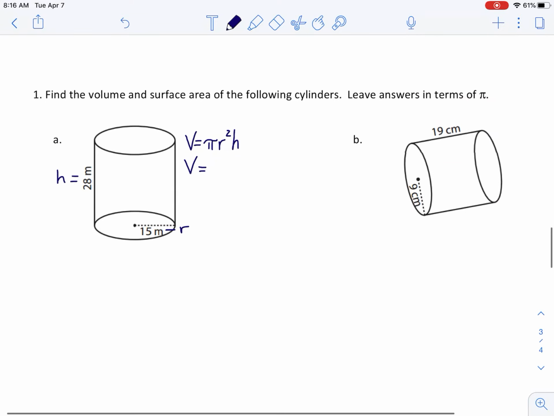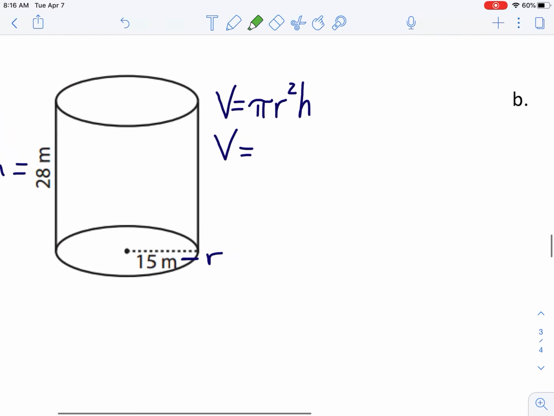And it says to leave your answers in terms of pi, which means your answer should have a pi in it. I'll tell you what that means. So I leave the pi. Don't put pi in your calculator as like 3.1. Just leave it. And then the r squared, 15 squared times the height of 28.